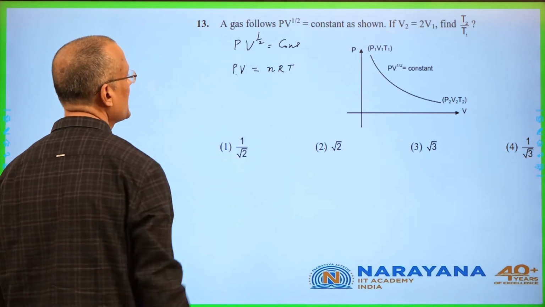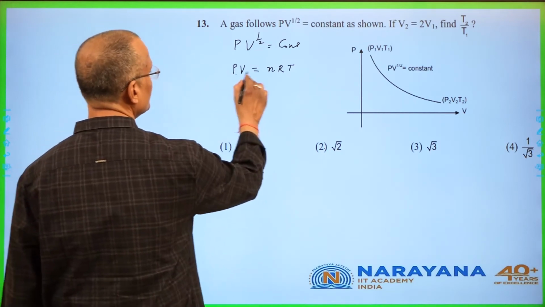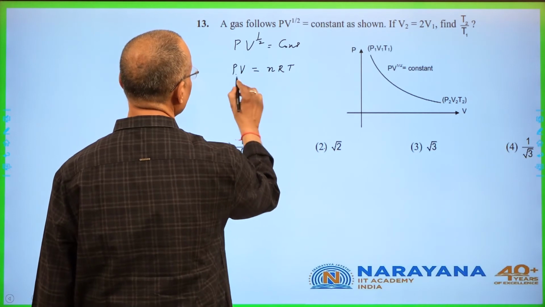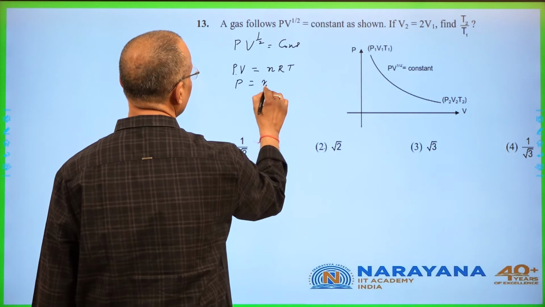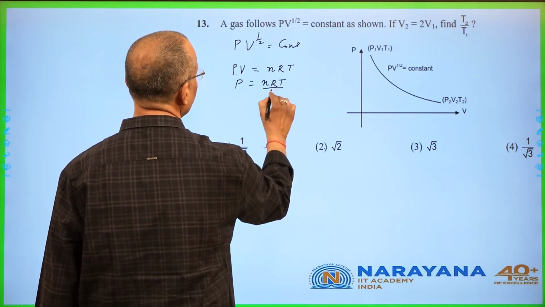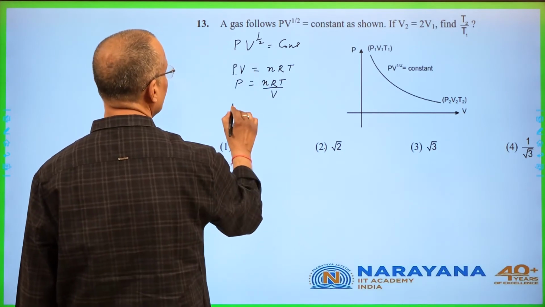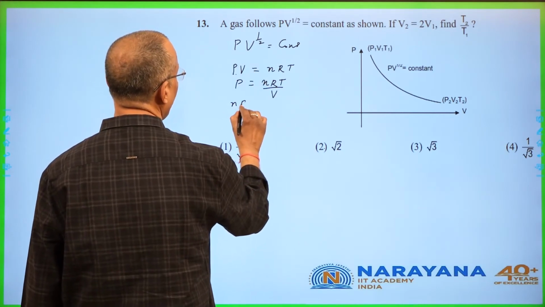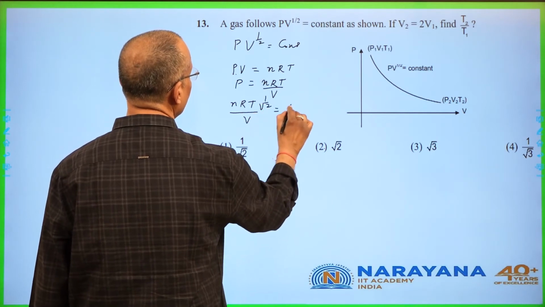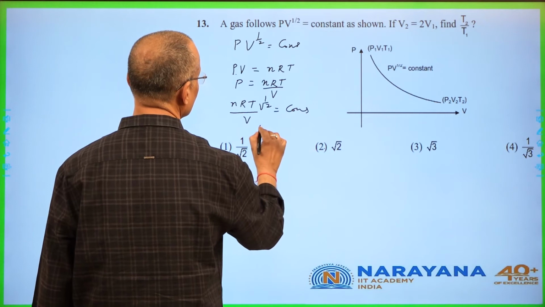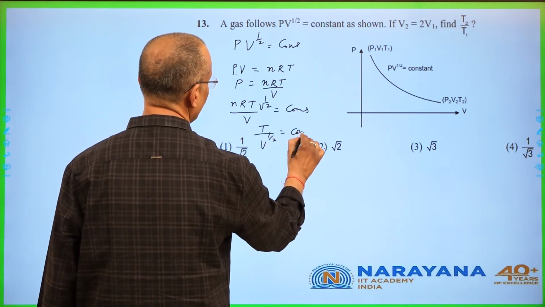So here, P is nRT by V. Substitute it here. So you are getting nRT by V times V half, and it is constant. So T times V half is constant.